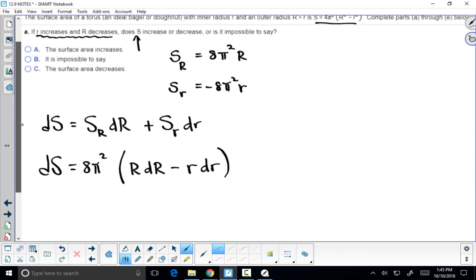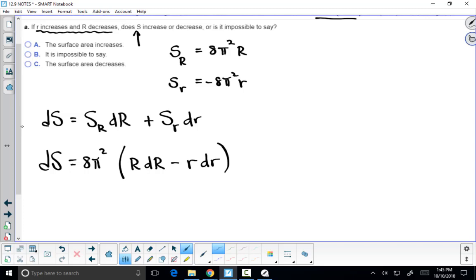They tell us if little r increases, so let's make sure we understand what that means. If little r increases, that means that d little r is positive. That means there's a positive change in the variable little r. Capital R decreases.